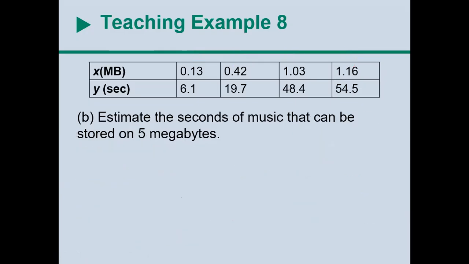All right. So now that we know what k is, we can write our direct variation equation. So y equals 47 times x. So it says I have 5 megabytes and it wants to know how many seconds. So it's giving me my x, and I need to find my y. So step 1 is to solve for k. Step 2 is to substitute it in, and step 3 is to find your unknown.